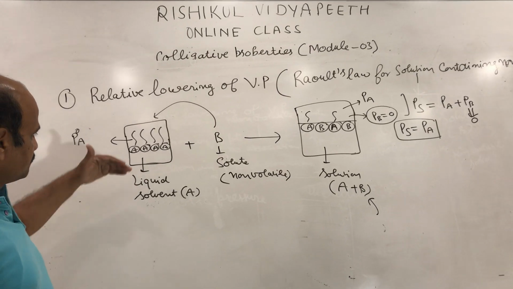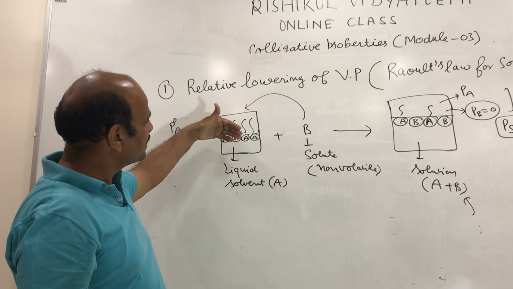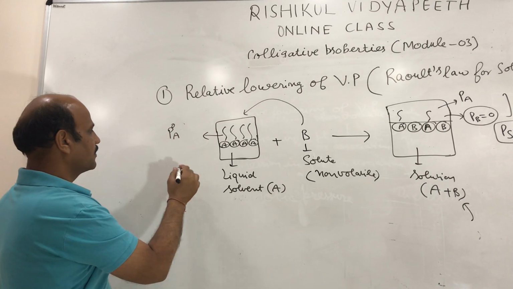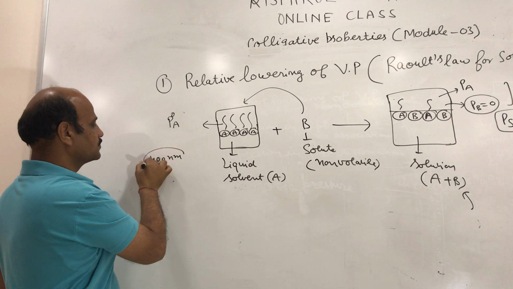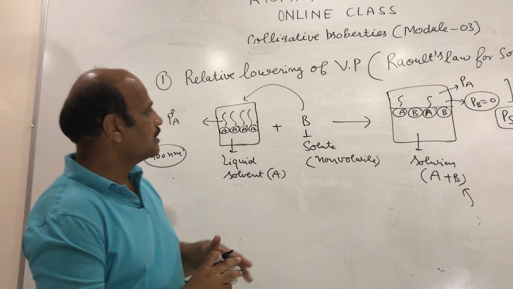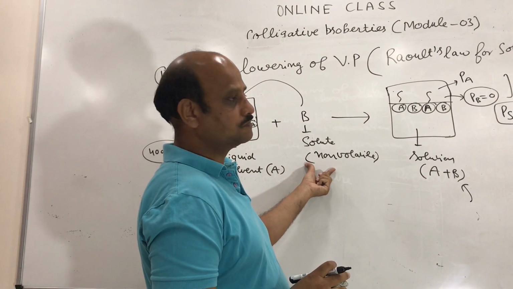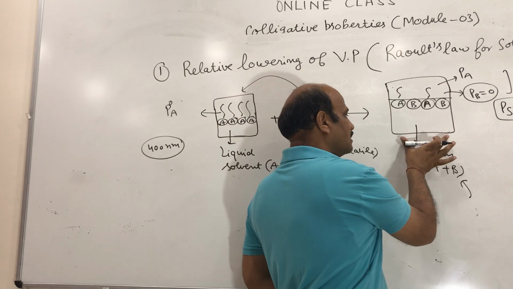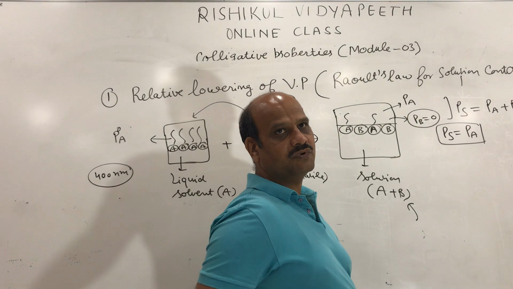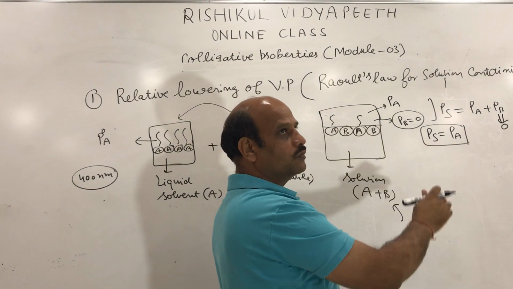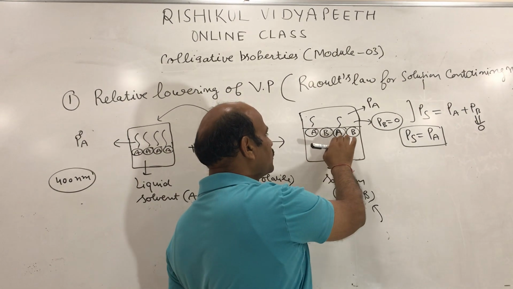Suppose when the solvent is pure, the vapor pressure is 400. Now we add non-volatile solute and a solution is formed. Both components are present on the surface, but only solvent molecules can vaporize, solute molecules can't.